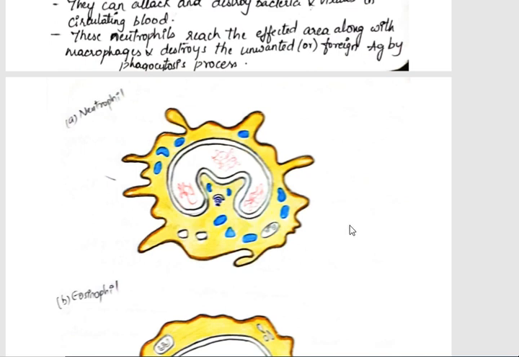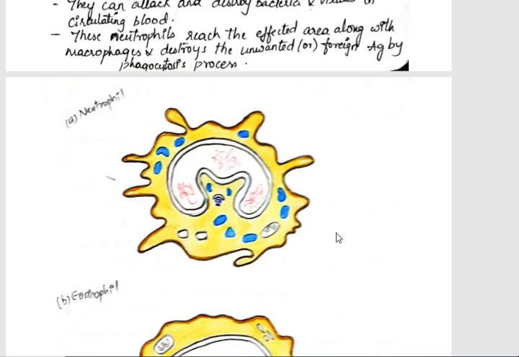They reach the affected area along with the macrophages. That means they accompany the macrophages and destroy the unwanted or foreign antigen by the process called phagocytosis. So that's how neutrophils, along with the macrophages, are more in number, providing a faster defense of removing the antigen from the body, and that's how they provide immunity to the host.